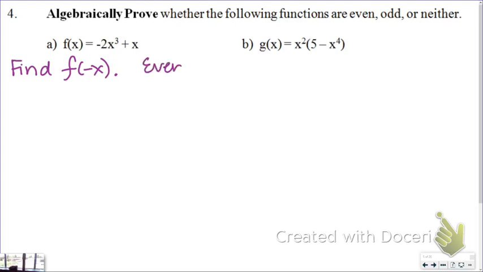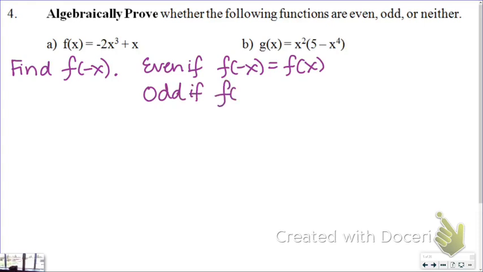It's even if f of negative x is the same thing as your original function, odd if f of negative x is the negative of your original function. Okay, so moving right along here.